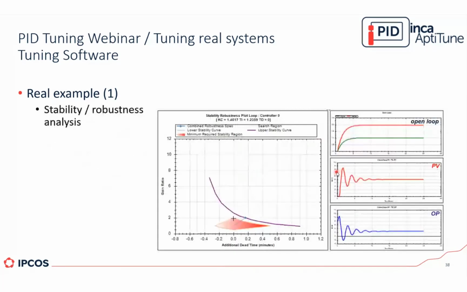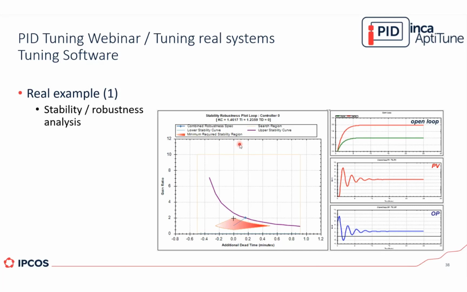Okay. And if we want to see for this response different combinations of gains and dead time, right? Because as we saw, it's important for this loop to be not only stable, but also not oscillatory if we are changing these gains and dead time, right?